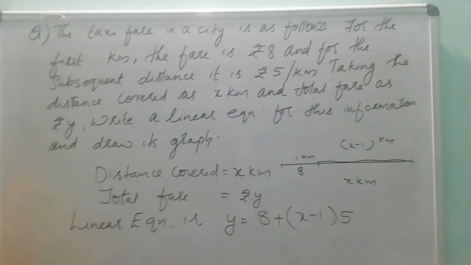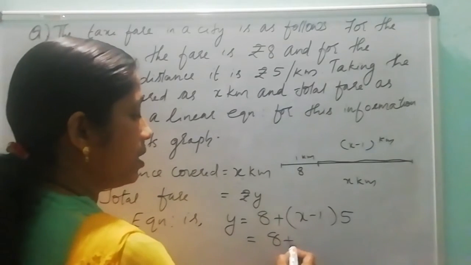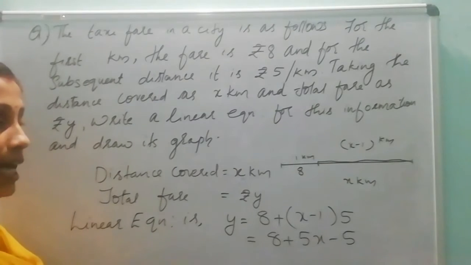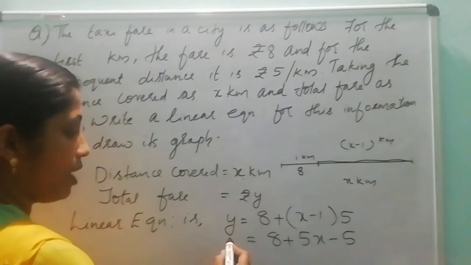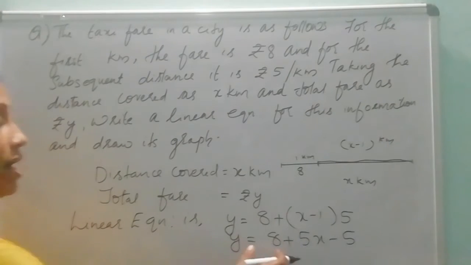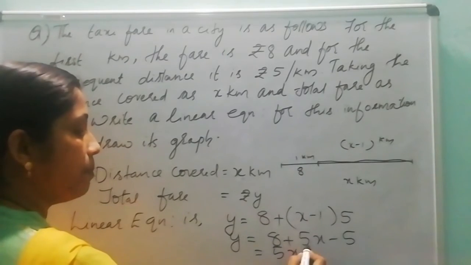Opening the bracket, y is equal to 8 plus 5x minus 5. Simplifying, 8 minus 5 is 3, so y is equal to 5x plus 3.